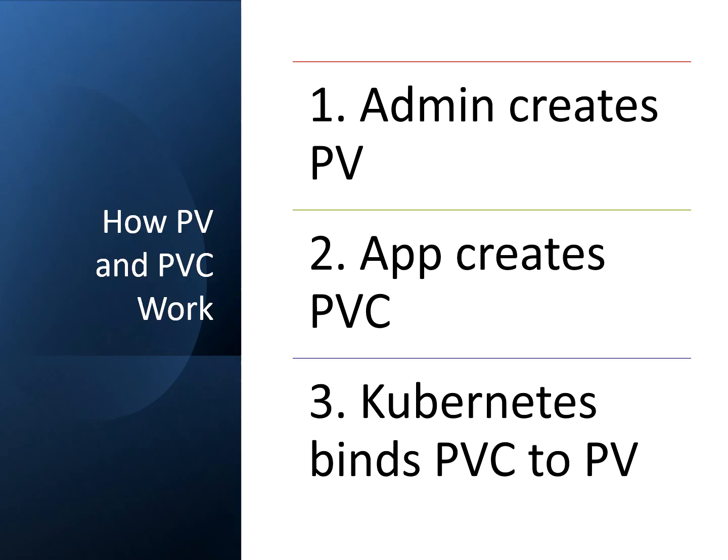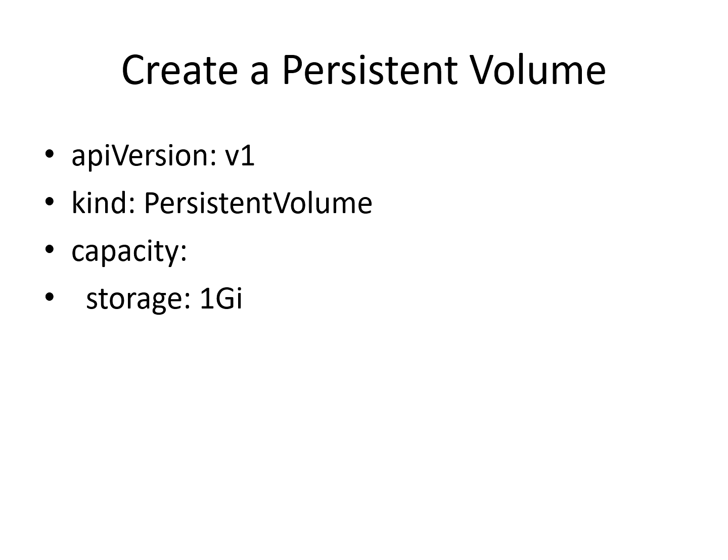How do PV and PVC work? The admin creates the PV, the app creates the PVC, and Kubernetes binds them together. Now we'll see a simple example to create a persistent volume. This is a YAML file. We define the API version, which is generally v1. Then we have kind, in which the kind is PersistentVolume that we are creating.